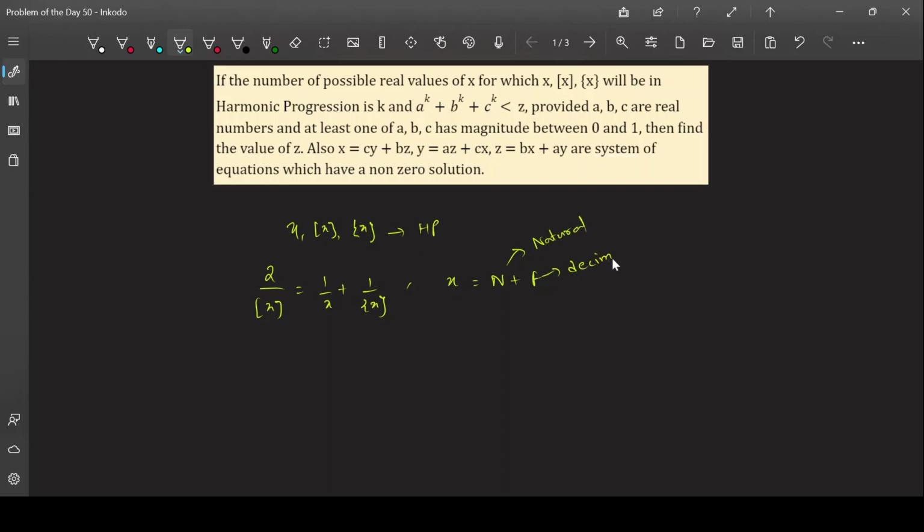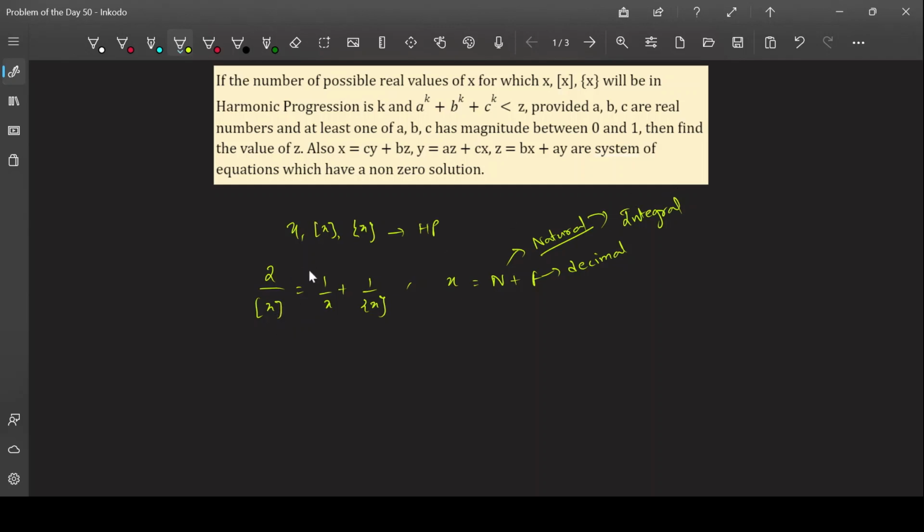We can express x in this way whatever it may be, even if x is a pure integer, because f can be 0. I'm not confining myself to natural numbers from 1 to infinity; I mean integer, or more concisely, the integral part.